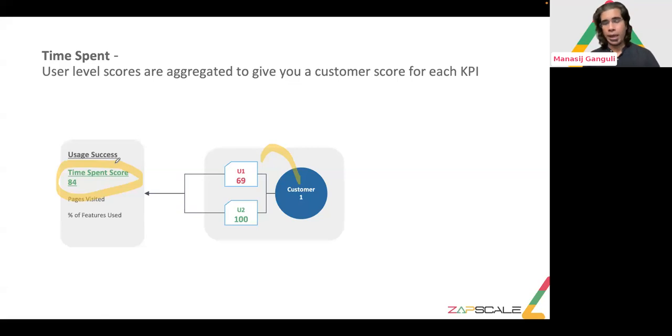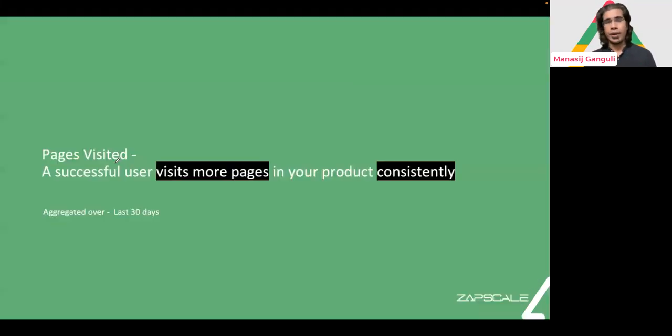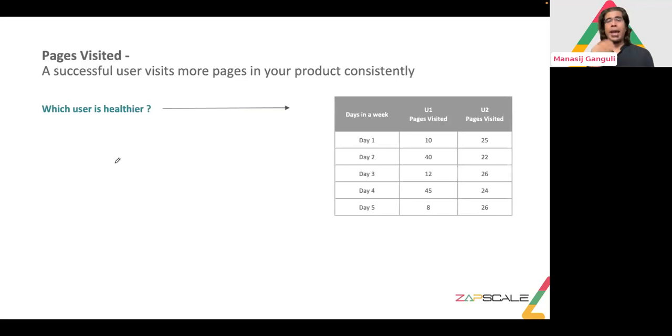Let's go to the next KPI, which is pages visited. Again, the postulate here is that we would want a successful user to visit more of my product pages and do it more consistently. If you agree with this postulate, which most SaaS companies do, we should follow the exact same approach.